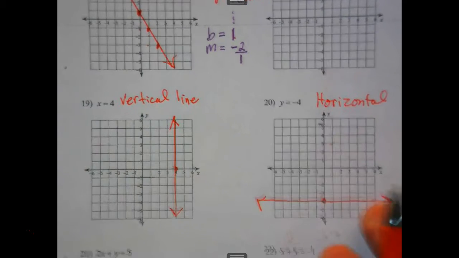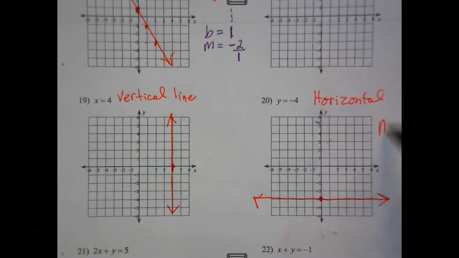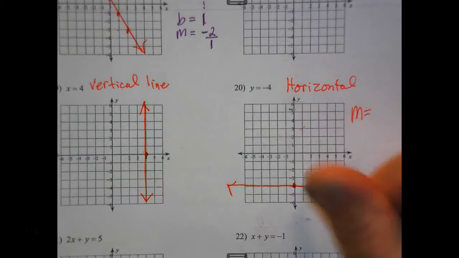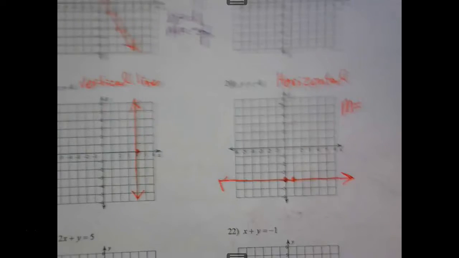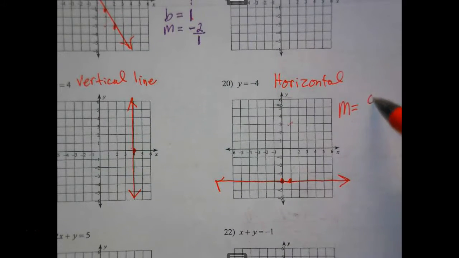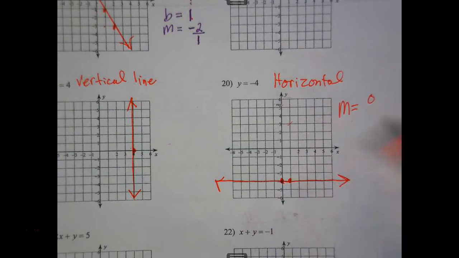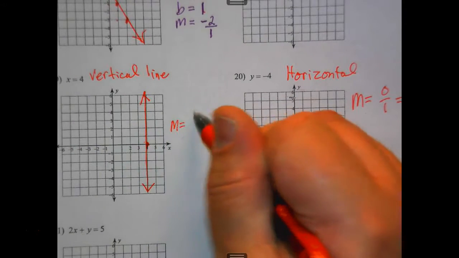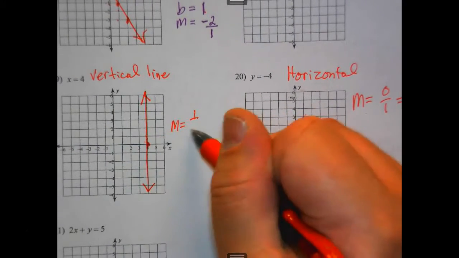What's my slope for number 20? How much am I going up? Pick 2 points. How much am I going up or down? 0. And then to the right 1. So my slope is 0. Here, I go up 1, but I don't move left or right.